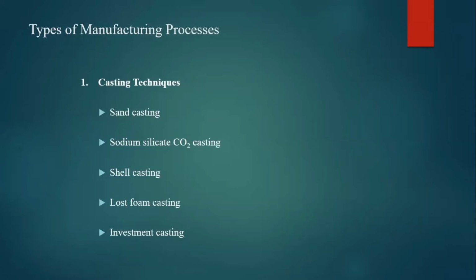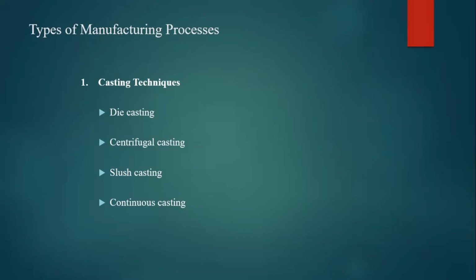Now we are going to discuss the various types of manufacturing processes. The first type of manufacturing processes includes the casting processes, the casting techniques. And in this category, we have various types: sand casting, sodium silicate carbon dioxide gas casting, shell casting, lost foam casting, investment casting, die casting, centrifugal casting, slush casting, continuous casting.